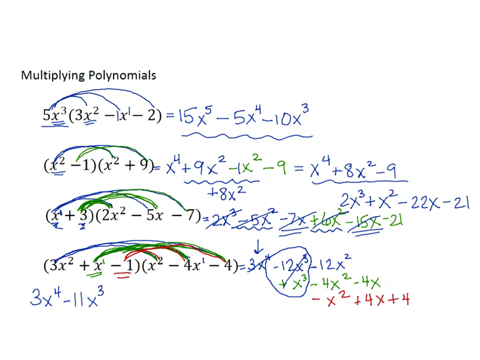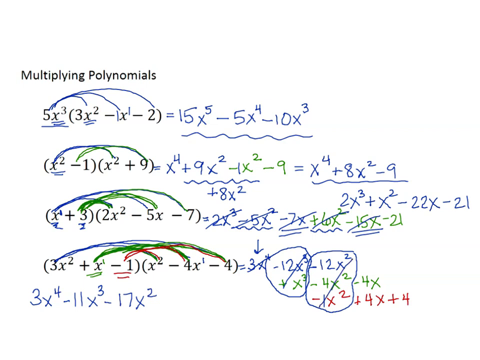Done with that. Now I go to my x squared terms, and I've got a negative 12x squared, a negative 4x squared, and a negative 1x squared. So add that all together, negative 12 plus negative 4 plus negative 1 gives me negative 17x squared. And that's done.